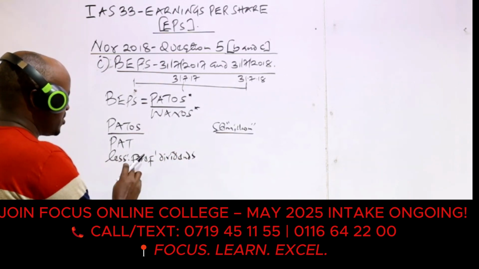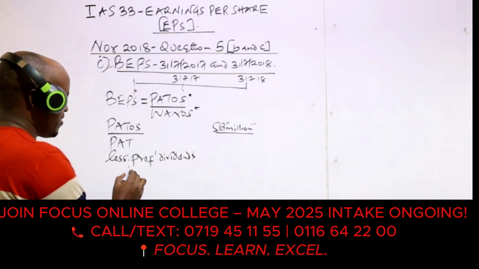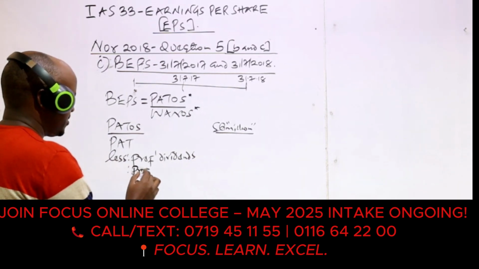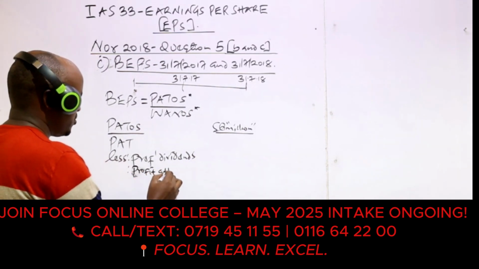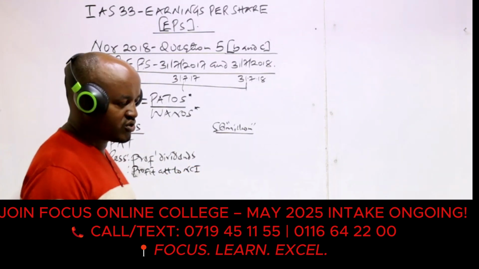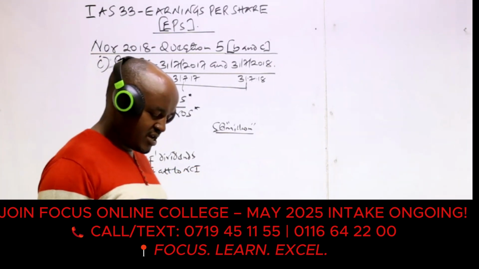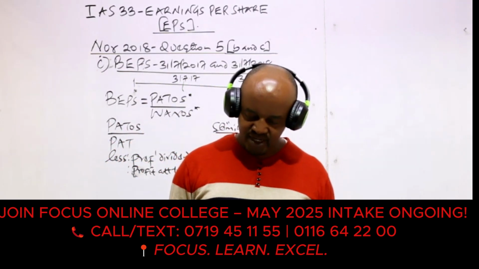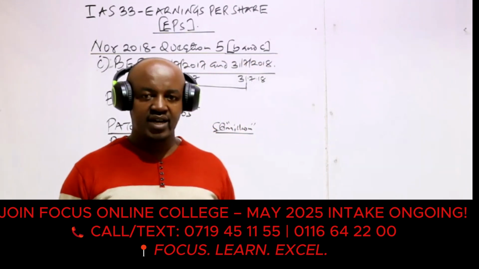If we happen to be computing the earnings per share for a group of companies, to this we also less the profit attributable to the non-controlling interest. And actually, here we are computing earnings per share for a group of companies. That's what we are told in paragraph number 2.